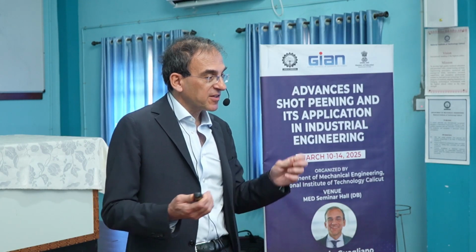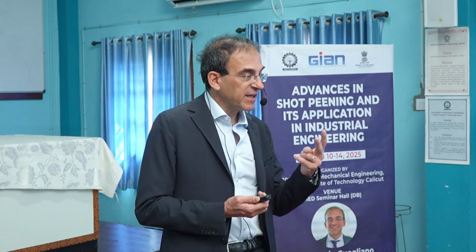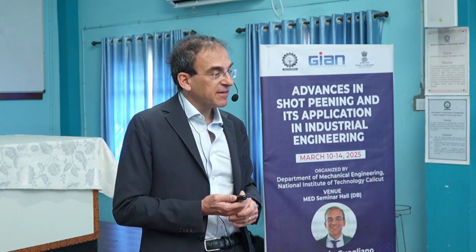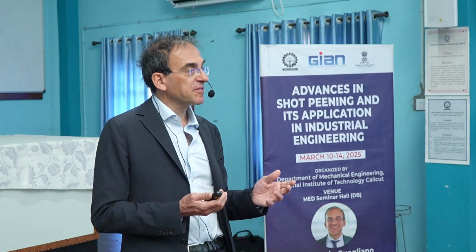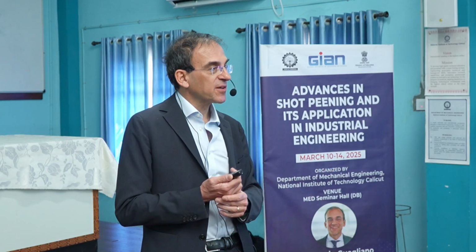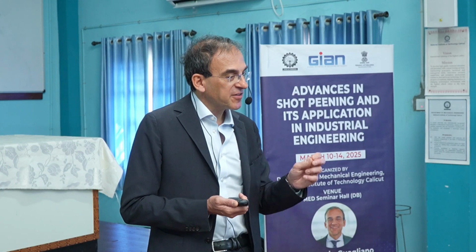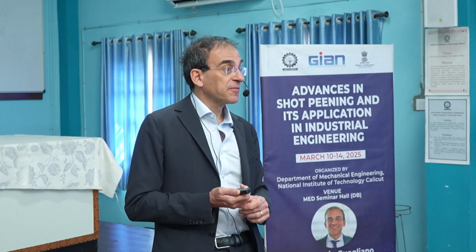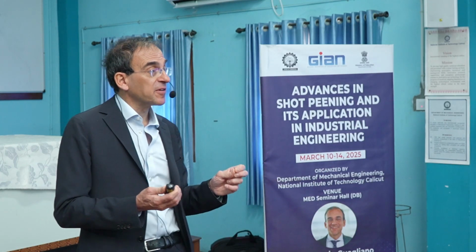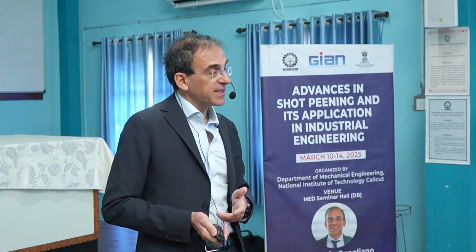The disadvantages, the weak points, are mainly two. The media flow is too large for small workpieces. If we need to peen small parts, this could be not the right way to perform shot peening. And precision peening applications are not feasible, or at least not in a very accurate way.